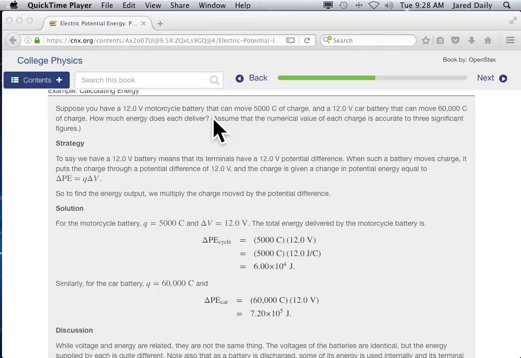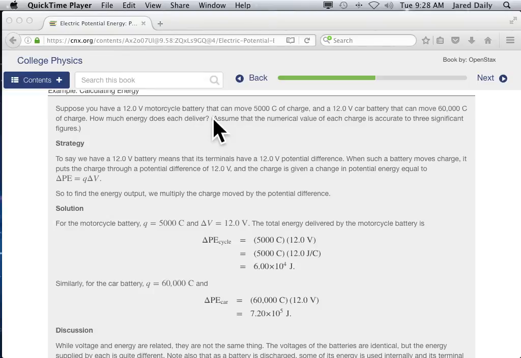So if it was 1 coulomb of charge going from one post to the other, then it would experience 12 joules of energy change. It might be an increase in potential energy, it might be an increase in kinetic energy, it might be a decrease in either. But if a charge of 1 coulomb goes from one post to the other through the battery or through a circuit connected to the battery, it will experience that change in energy. That's what it means. 12 joules.